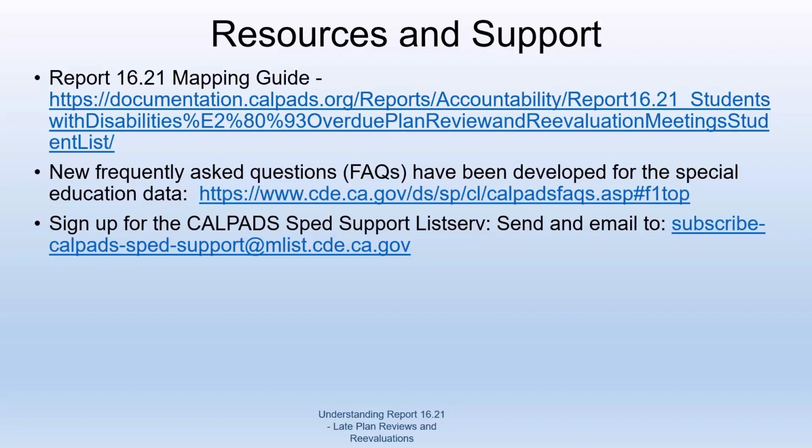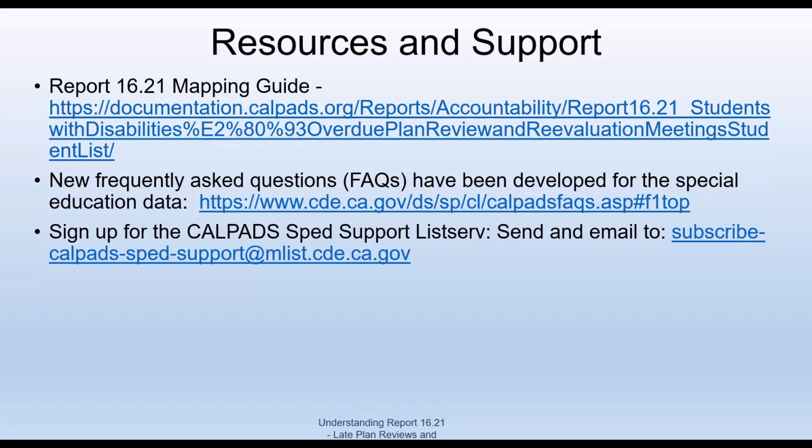If a parent declines the triennial assessment, then what do we do? I believe there is an option within the meeting delay codes for a parent. Let me look. I've had the meeting delay codes up all day. I believe there's a meeting delay code 10, parent refused to consent.